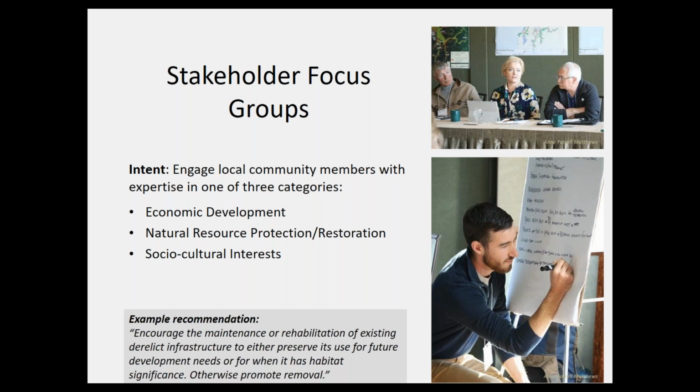This is speaking to the fact that there are a lot of derelict piers and docks along the shoreline that were originally built for economic purposes, but never were realized, or they've degraded since. They're basically suggesting that if it has habitat value, keep it, and if there's a value for a future development need, keep it, otherwise get rid of it. So that's just an example.